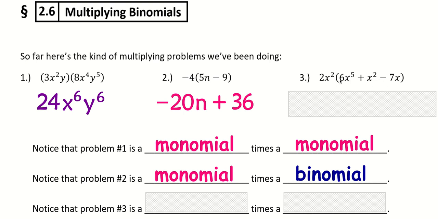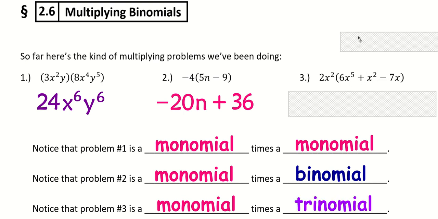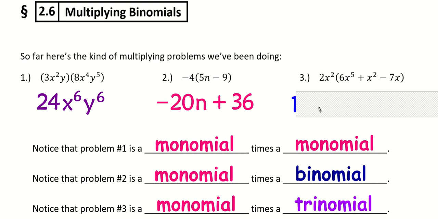Similarly, over here, if you think of the 2x squared times this bubble, 2x squared is a monomial, but this polynomial in the parentheses is a trinomial because there are 3 terms. Once again, it's the distributive property. 2x squared times 6x to the fifth is 12x to the seventh, because 2 times 6 is 12, and x to that power times x to that other power, adding the powers.